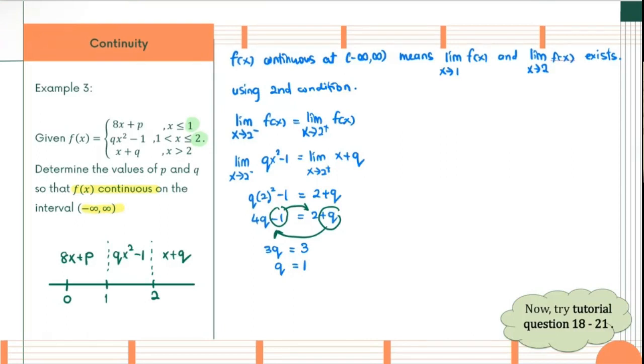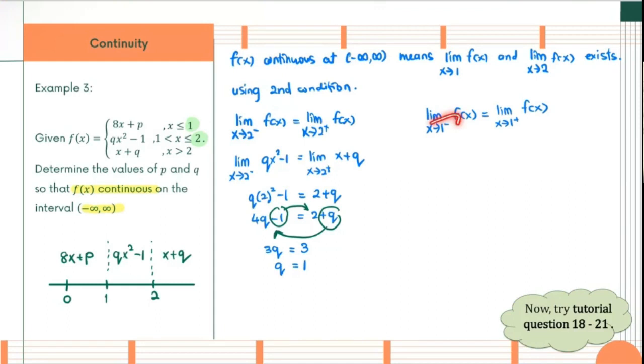So now saya gunakan pula limit of x approaching 1 from the left f(x) sama dengan limit of x approaching 1 from the right. Sebab bila dia continuous, limit dia exist. Okay. And bila limit dia exist, value of f(2) tu sama dengan value of limit lah.